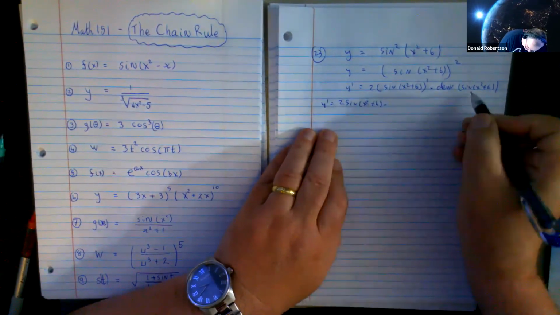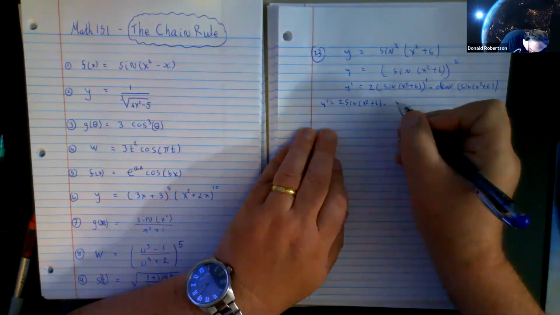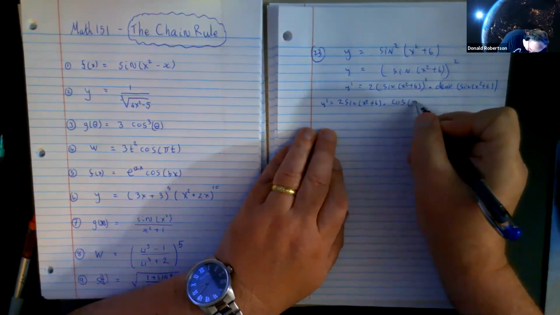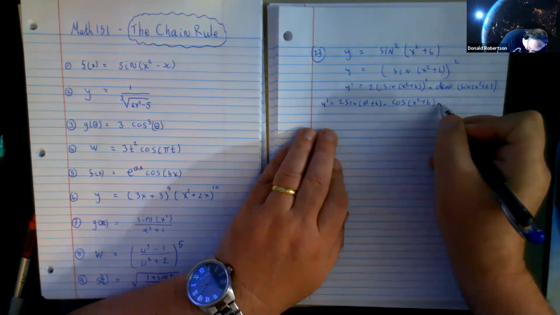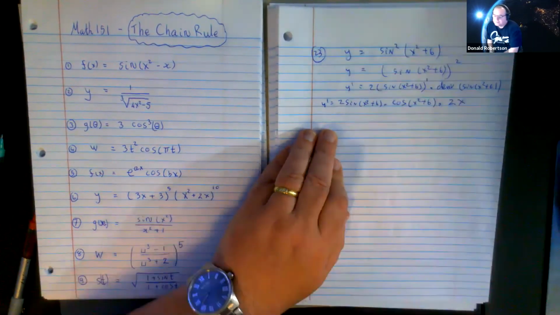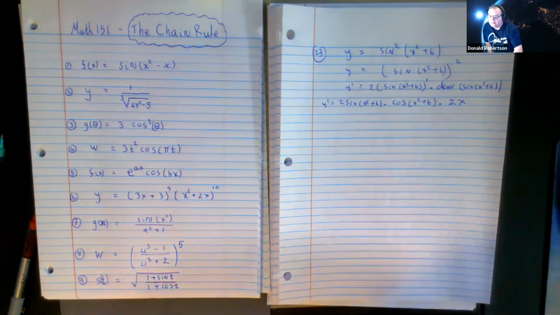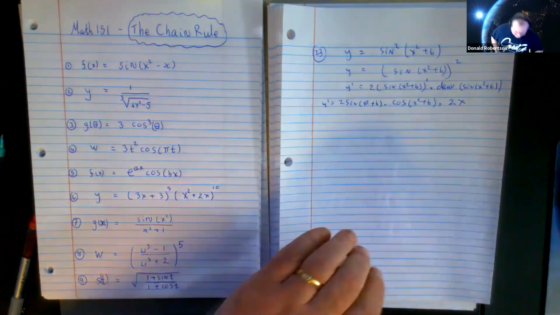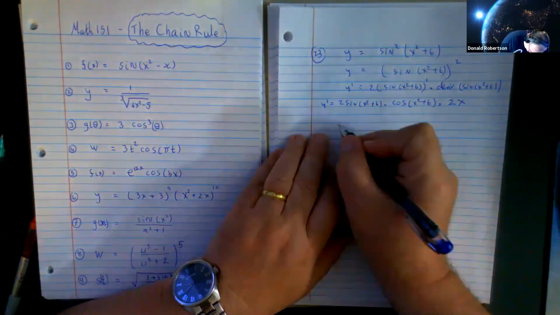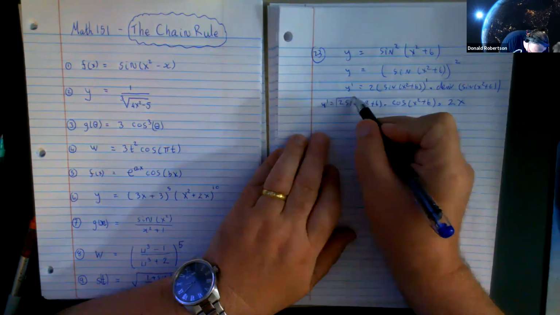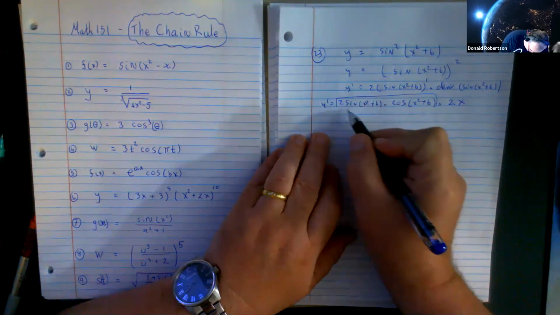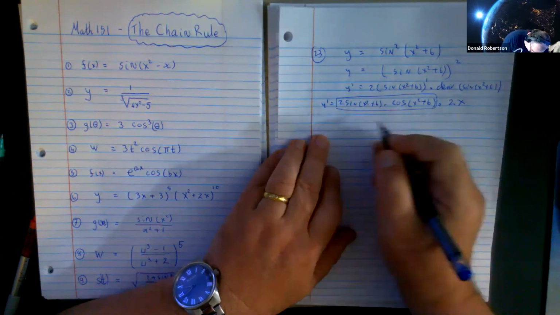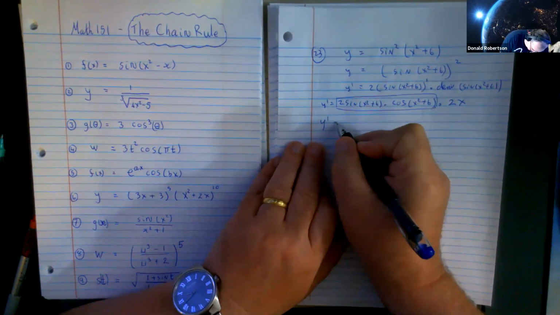And if you want to differentiate the sine of something, you get the cosine of something times the derivative of that something. So you see it's like the second and then the last shell. Now I want this thing to look pretty. And I'm going to do something that looks weird.